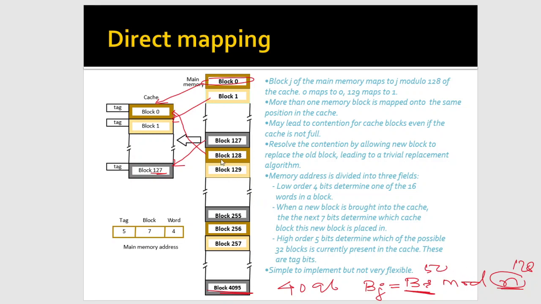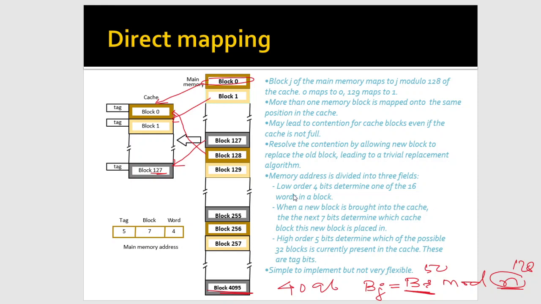That means the 50th block of the main memory will be mapped, or placed, in the 50th block frame or block position in the cache memory. So this is the mapping function we use for direct mapping.